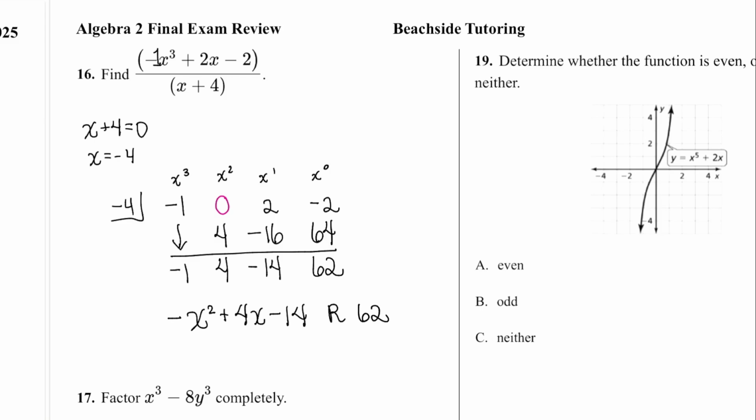And depending on how your teacher wants you to write it, you could also write it like this, plus 62 over the original divisor. My remainder, that's what I get for trying to do mental math here, should be 56. So this is going to be 54. And all that does is change this over here.